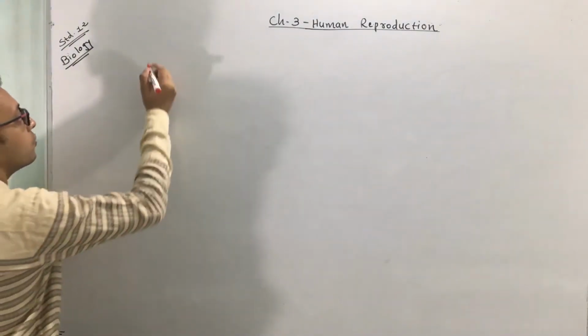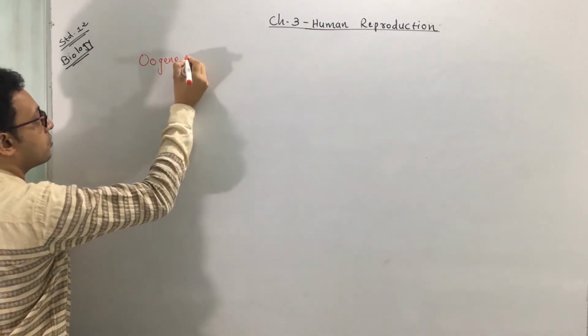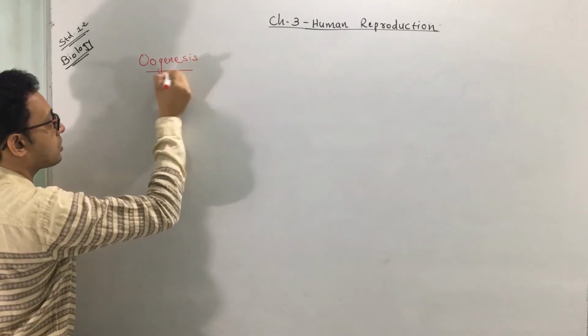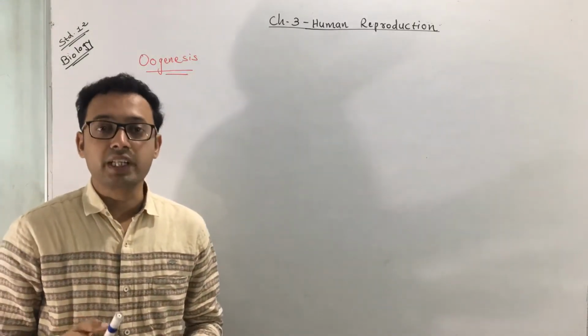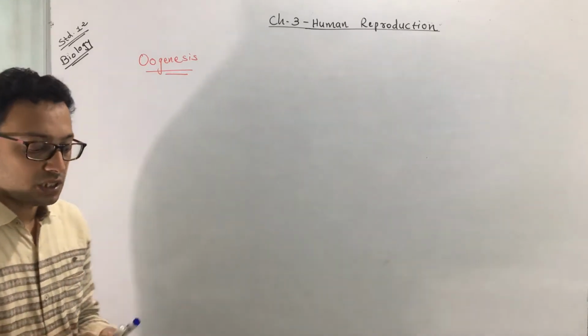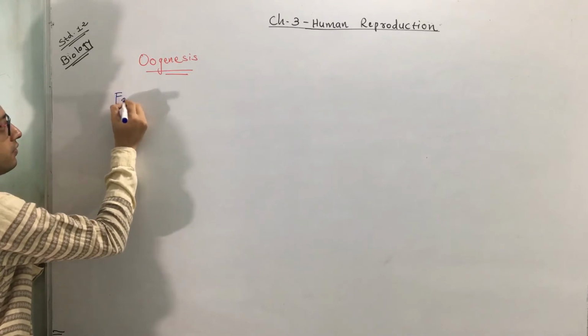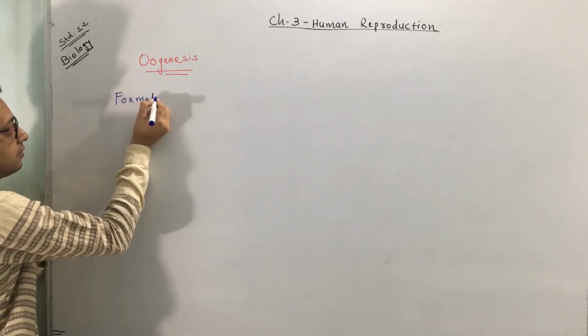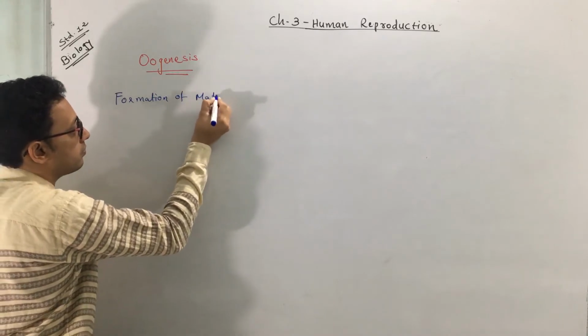What is called the oogenesis process? So this is the oogenesis process. What is oogenesis? You know the meaning of genesis. Genesis means formation. So it is the formation of a mature ovum.